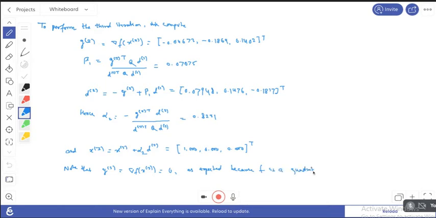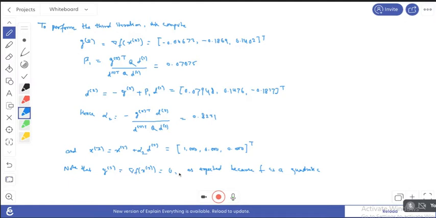You know that in the quadratic conjugate direction method, if there are n variables, we can find our solution in n steps. Okay, in that case there are only 3 variables, so here we find the optimal solution at the third step.